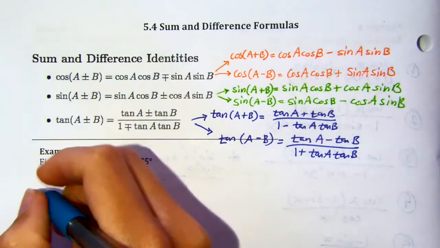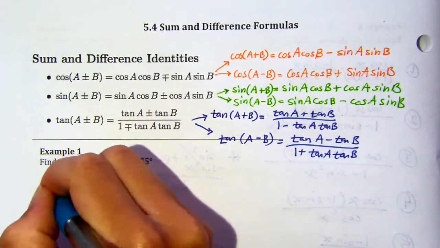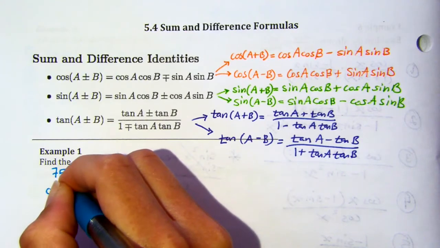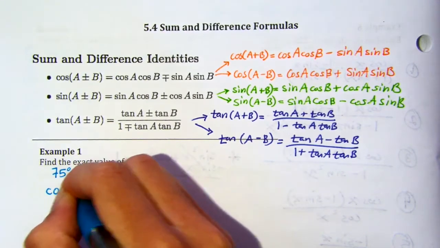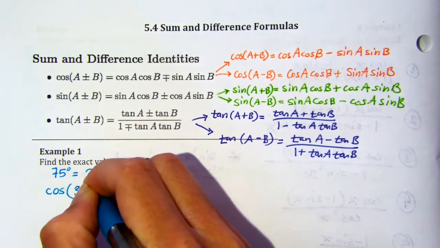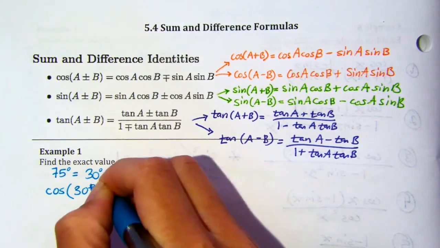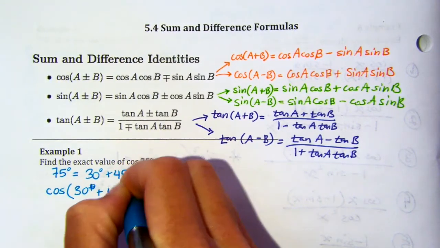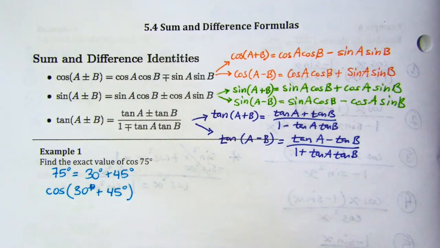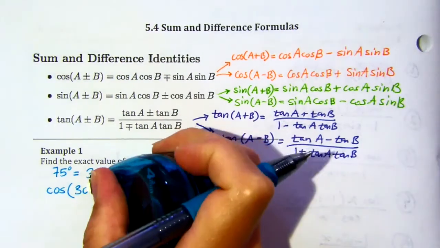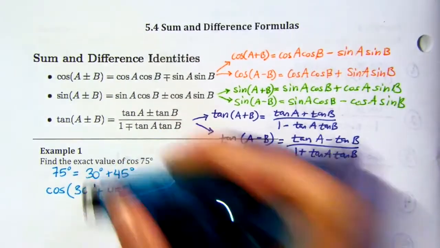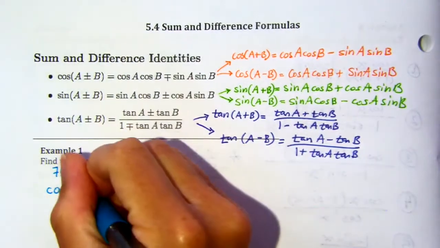As a result, we want to find the cosine of 30 degrees plus 45 degrees, and we can use our cosine sum formula, which will allow us to find this exact value.